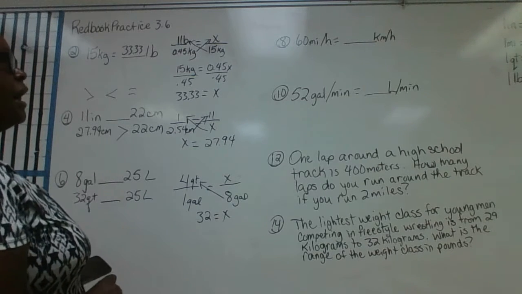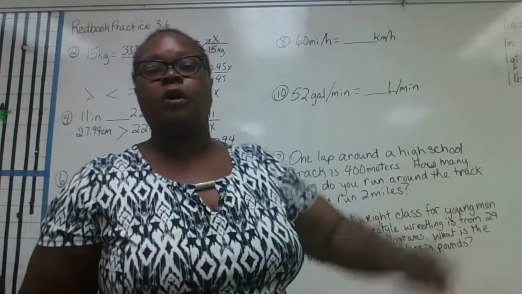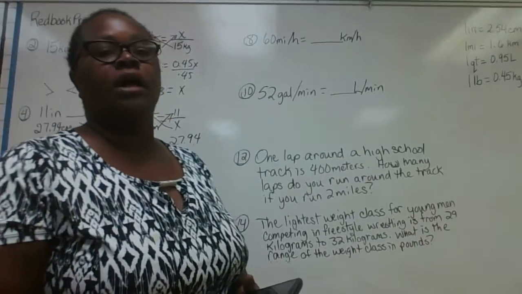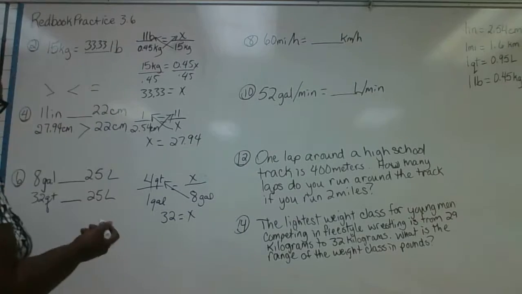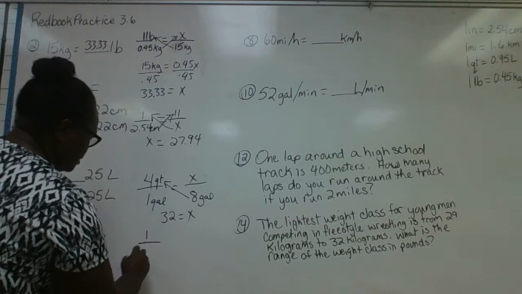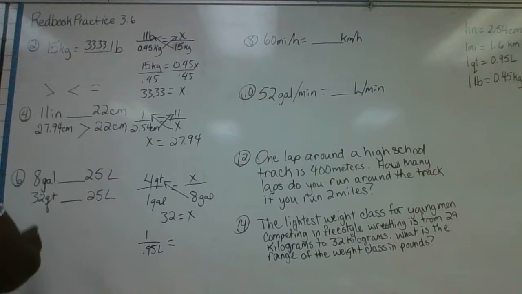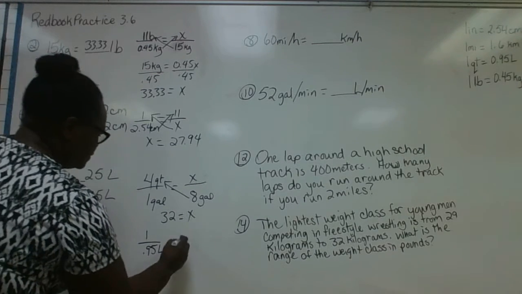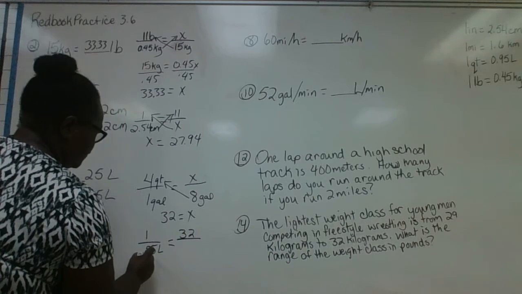All right, so now we have 2 items that are in our conversion table. We know that in our conversion table, 1 quart is 0.95 liters. So we want to take these quarts and convert them to liters in order to compare liter to liter. So we put 32 here, because 1 equals 0.95 liters.